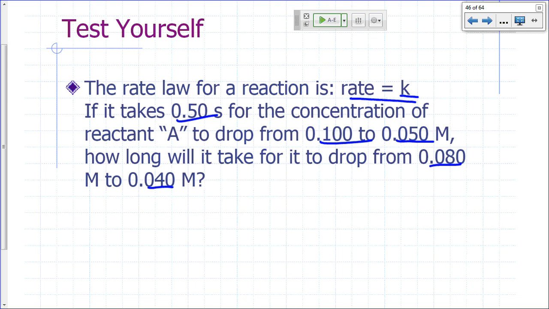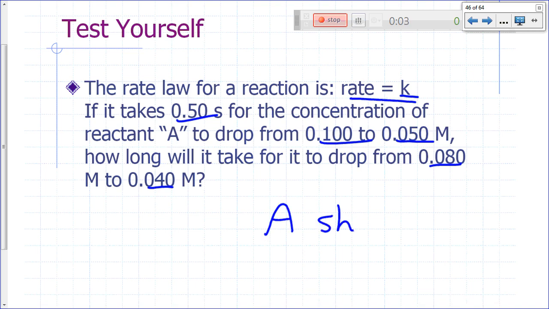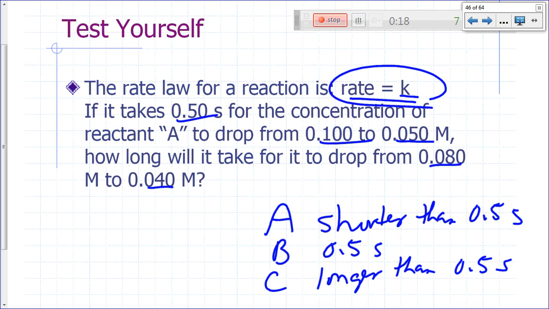Is it going to be shorter than 0.5 seconds or longer than 0.5 seconds? Let's do that first. Is it A, going to be shorter than 0.5 seconds? Is it B, still going to be 0.5 seconds, or C, is it going to be longer than 0.5 seconds? Knowing that this is zero order.